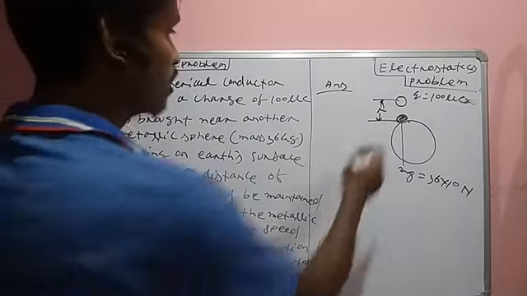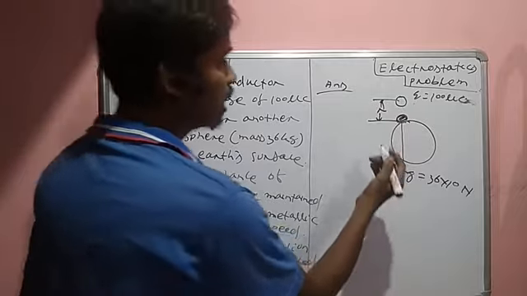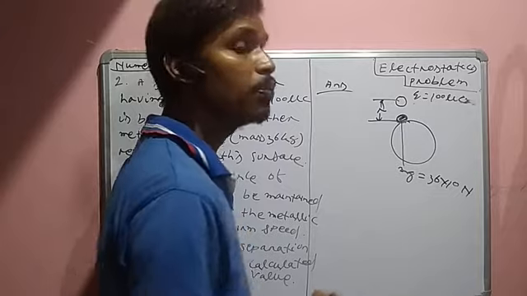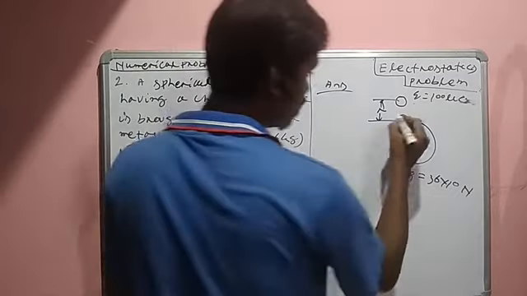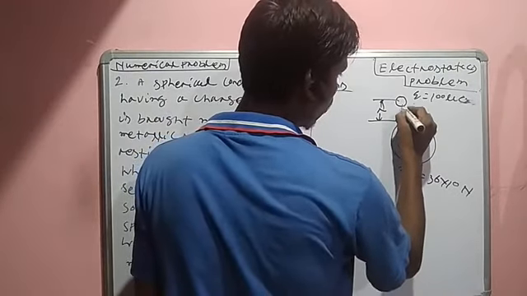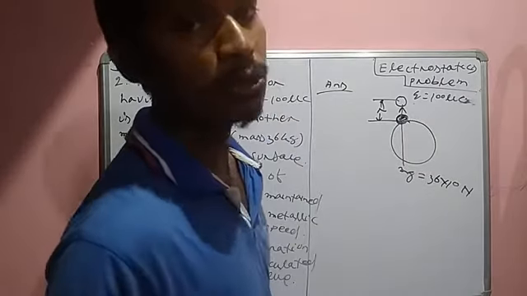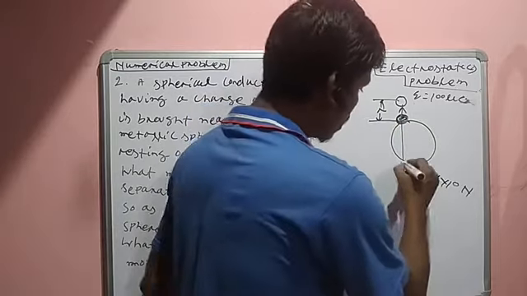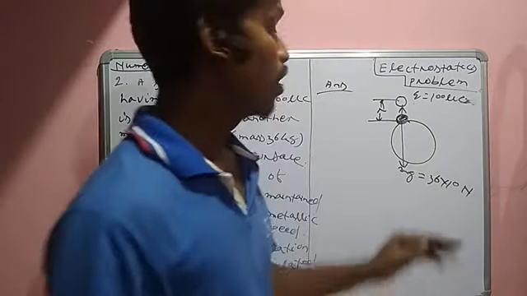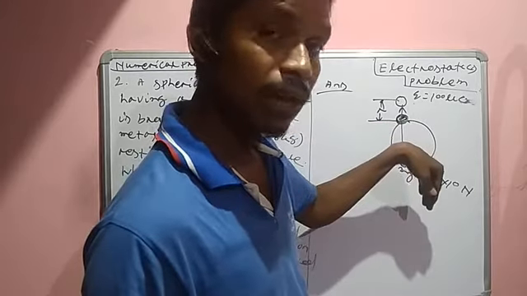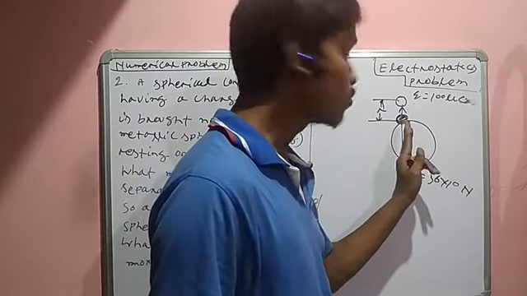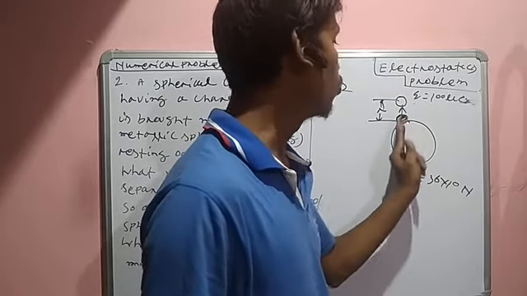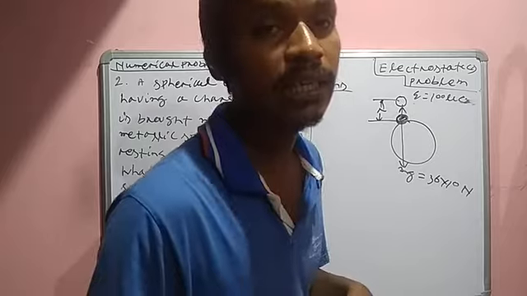The metallic sphere is lifted up with uniform speed. That means the body tries to move in the upward direction with uniform speed. The weight acts in the downward direction. Whenever the weight is equal to this force, the body tries to move upward with uniform speed.